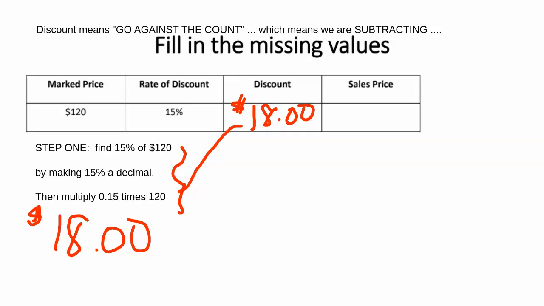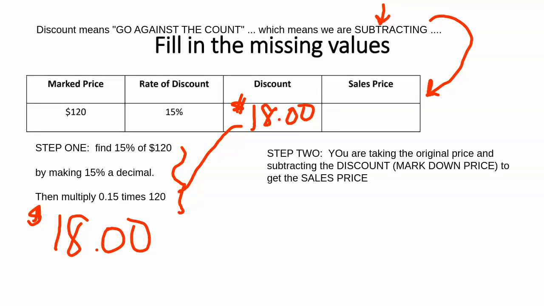Now, notice I haven't subtracted yet. The sales price is where the subtraction comes from. So in step 2, you are taking the original price and subtracting the discount, which sometimes is called the markdown price, to get the sales price.